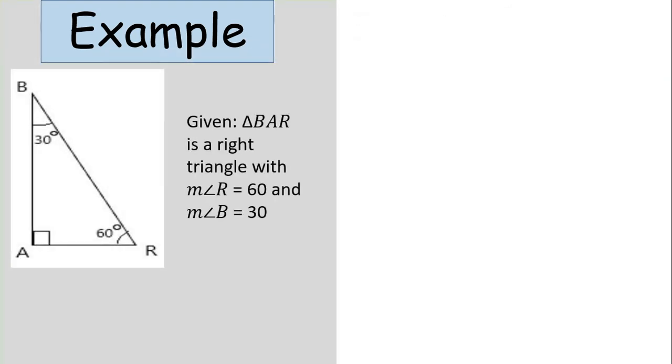Another example. Given triangle BAR is a right triangle with measure of angle R equal to 60 and measure of angle B equal to 30. If BR is equal to 18 cm, find AR and BA. Dito given na yung ating hypotenuse, which is 18 cm.